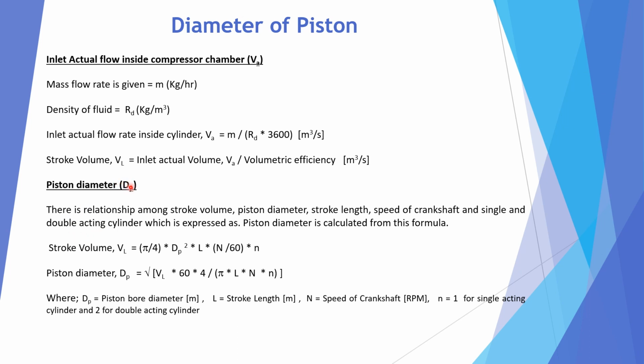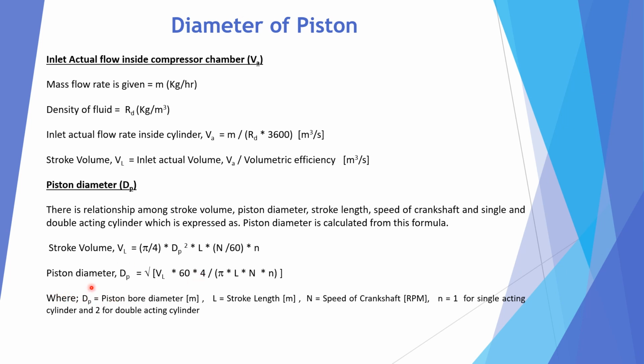So once the stroke volume is known, now we need to find out piston diameter, that is dP. There is a relationship among the stroke volume, piston diameter, stroke length, and speed of the crankshaft, for single and double acting cylinder. So what is the stroke volume? VL is equal to pi by 4 into dP square into L into N upon 60 into small n.